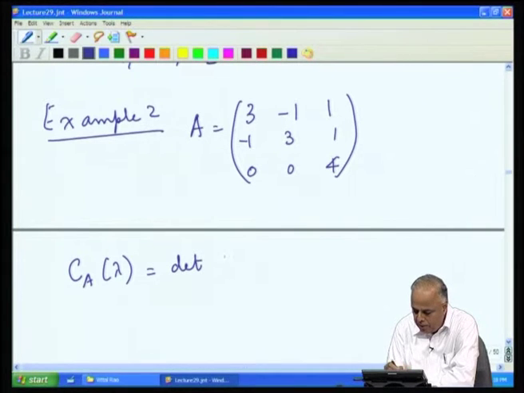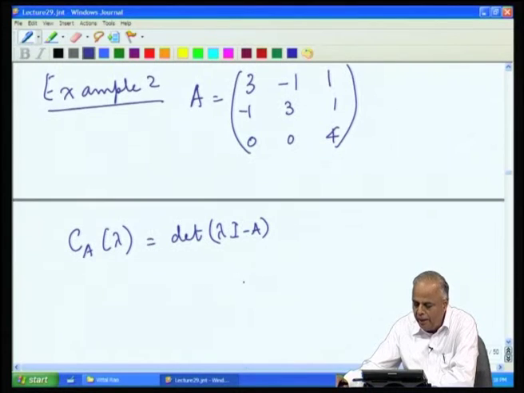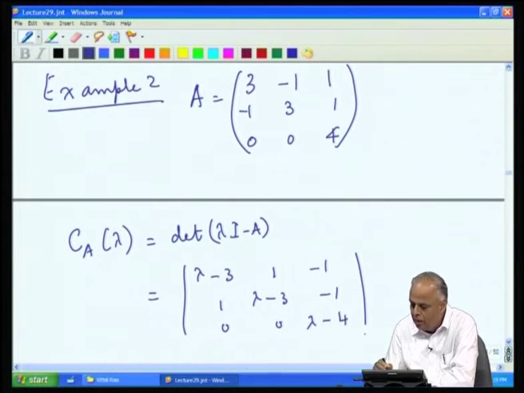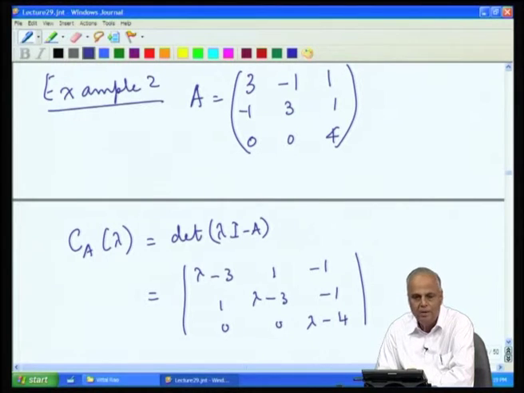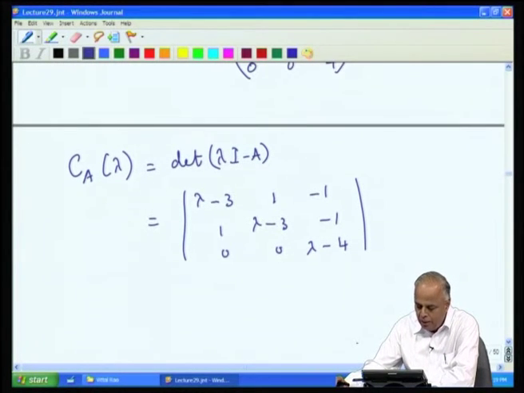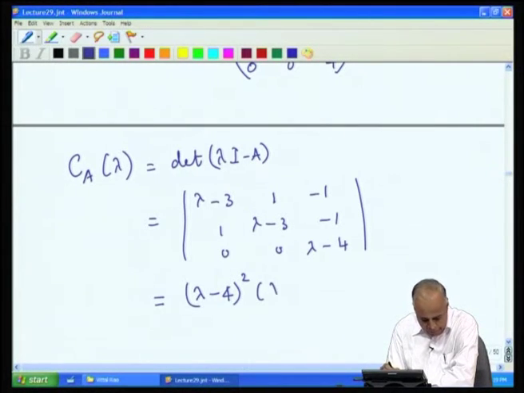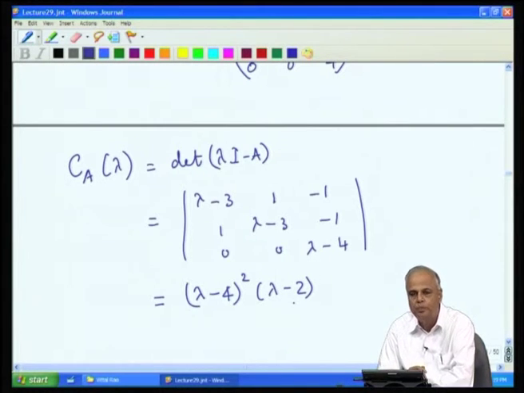That is the determinant of lambda I minus A. Now, to write lambda I minus A, I have to negate A and then stick a lambda along the diagonal. If we expand this determinant, it turns out to be (lambda minus 4) whole squared into (lambda minus 2).